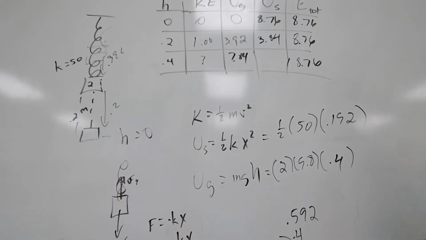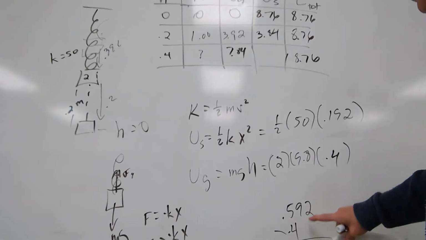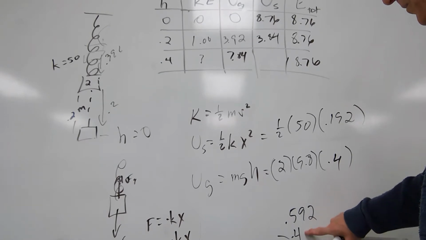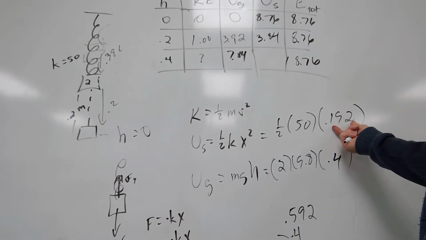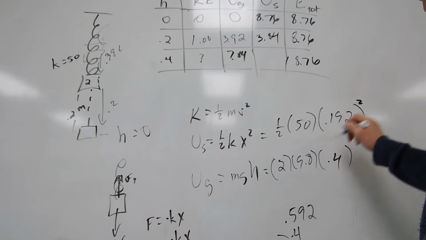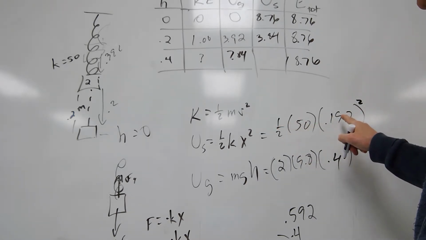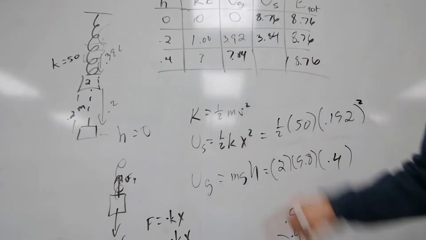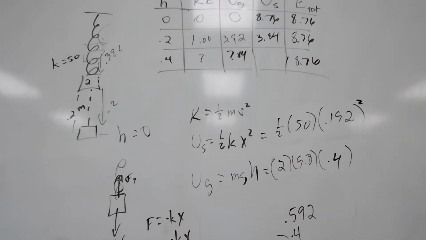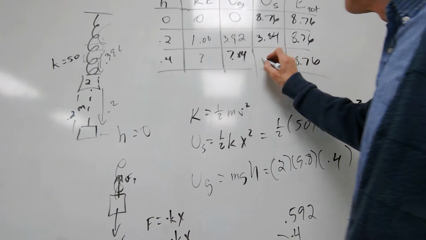Okay, that's what I was talking about a moment ago. The total height minus the 0.4 is how much the spring is stretched. And so squared, that should calculate to be the U due to the spring, which is 0.922.